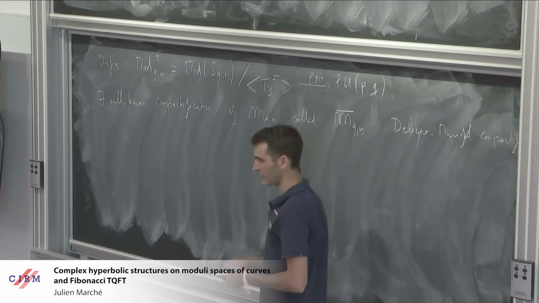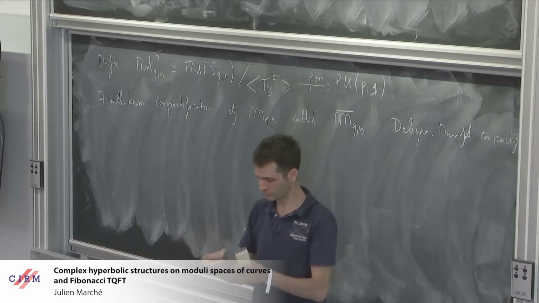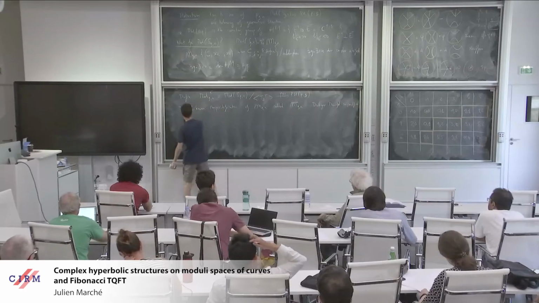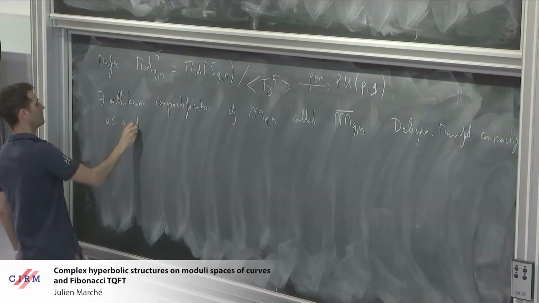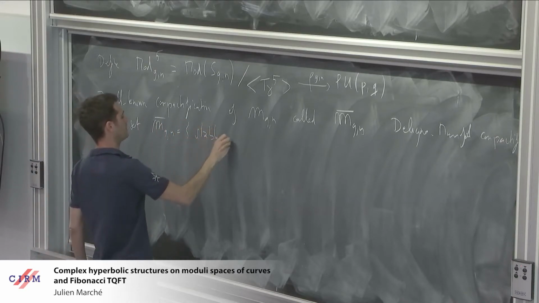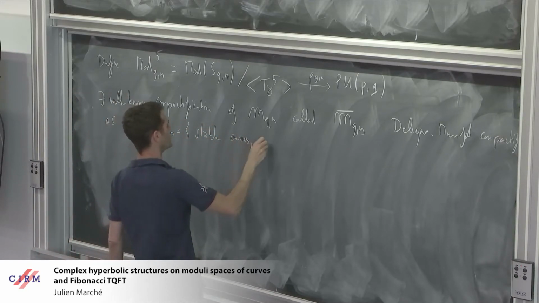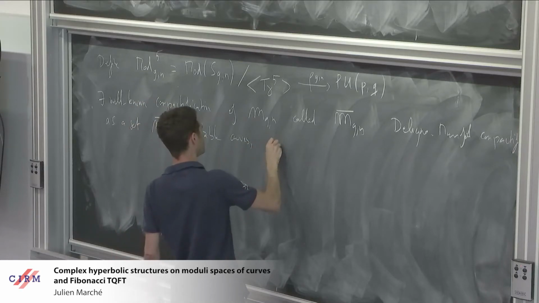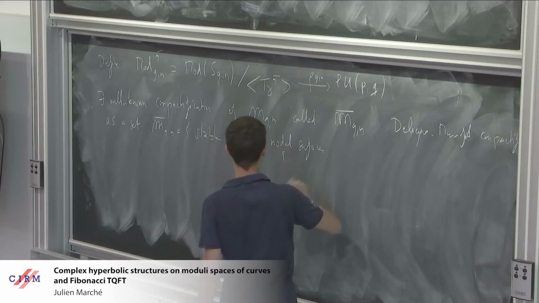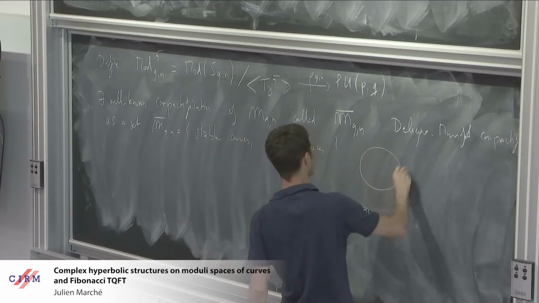It consists in adding to a Riemann surface a stable Riemann surface, as a set. M_{g,n} bar is a set of stable curves, which means nodal surfaces, so surfaces with some singularities. Let me give you an example.